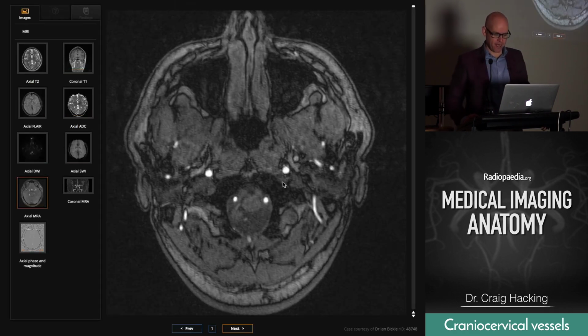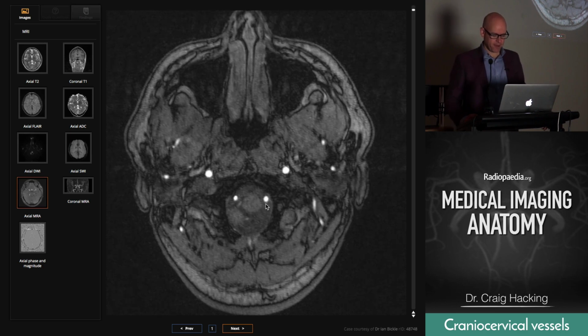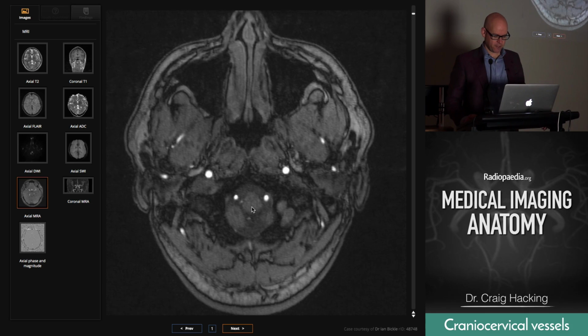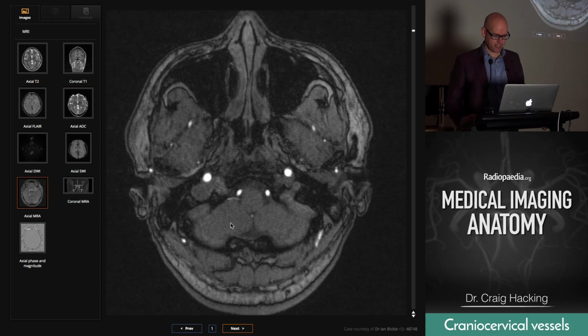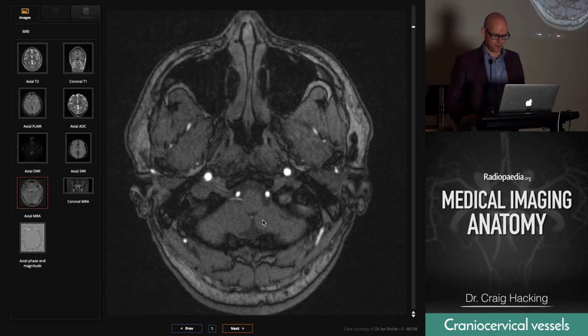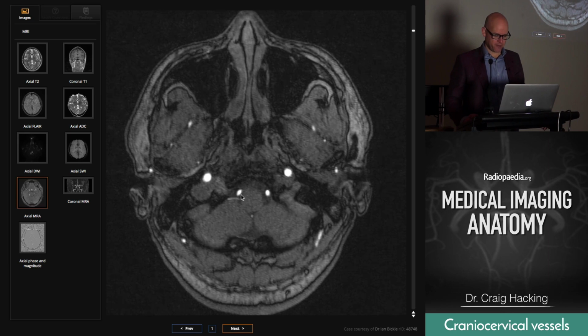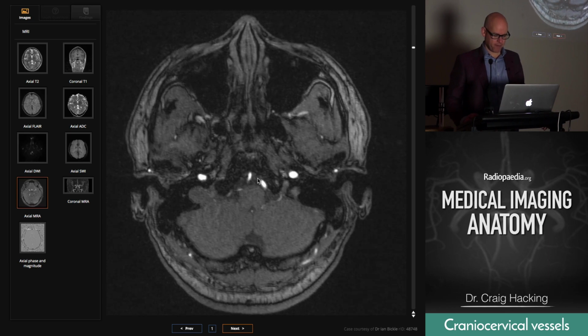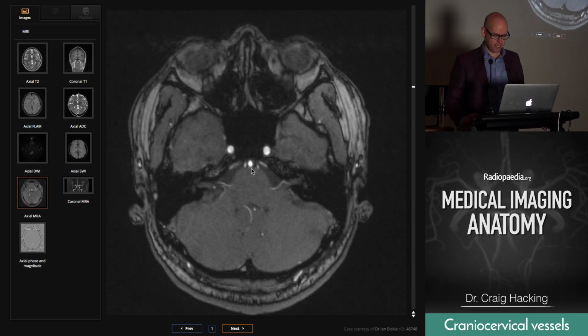So let's have a look at them. Here's an MR angiogram. Starting at the very bottom, let's start at the posterior circulation first. Here's our cervical cord becoming our medulla. Here's the start of the cerebellum, the tonsils. We've got our vertebral arteries running in the pre-medullary cistern, coming up, and they will join right there to form the basilar.